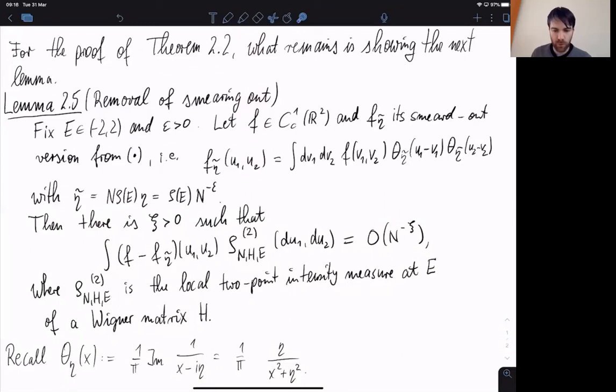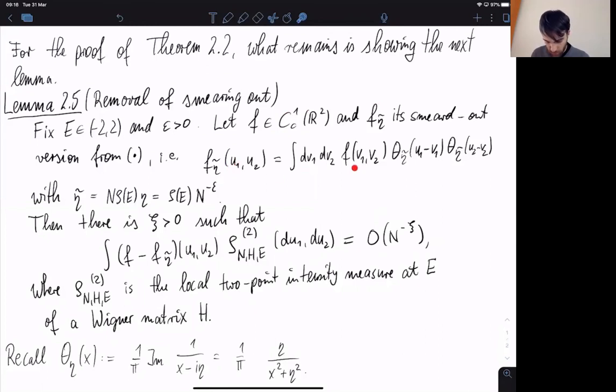Now what this lemma 2.5 says is that in the initial statement we can easily replace f by f eta tilde, because the error that we make by this replacement is small. Okay, so just to recall the complete setup. E is an energy in the bulk. We have some epsilon, which gives us the scale we are looking at, and then we have a function f, a C1 function with compact support on R2, and the f eta tilde is the following smeared out version.